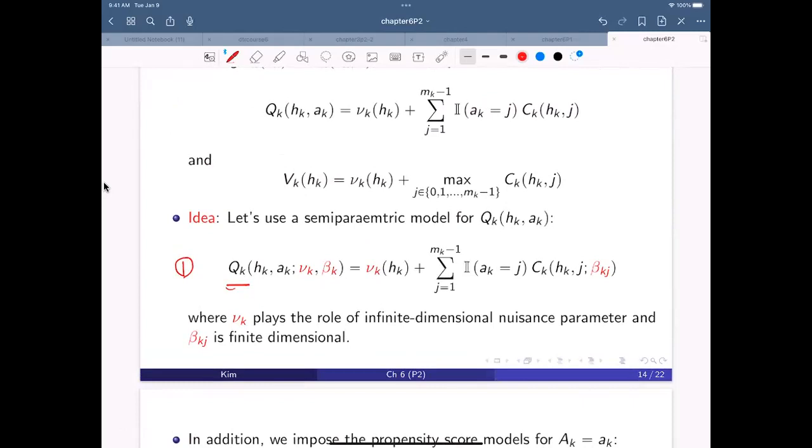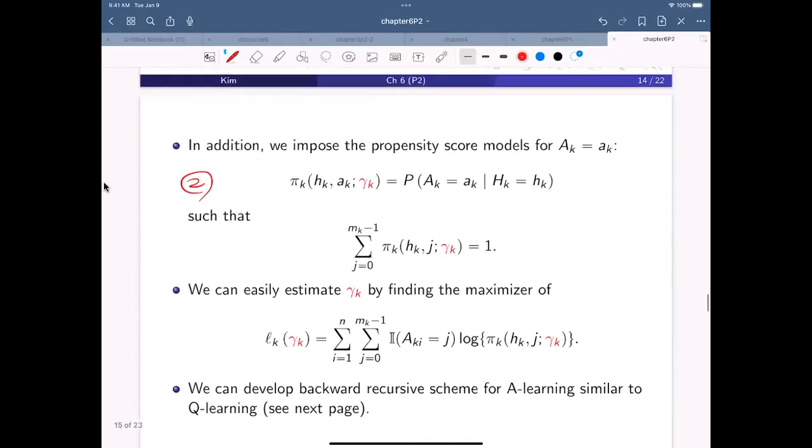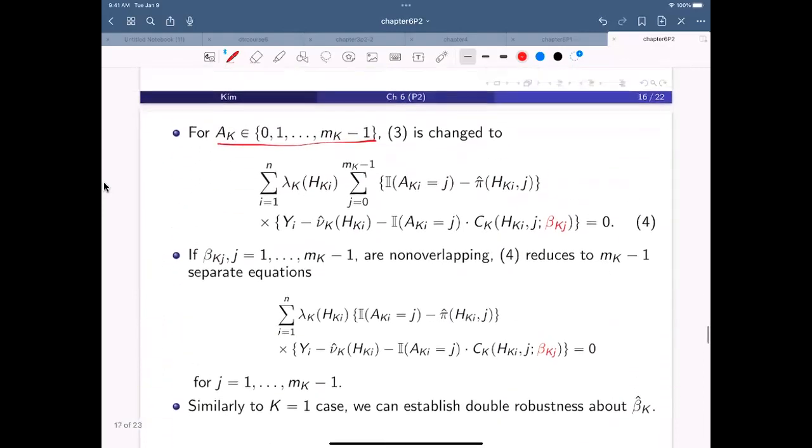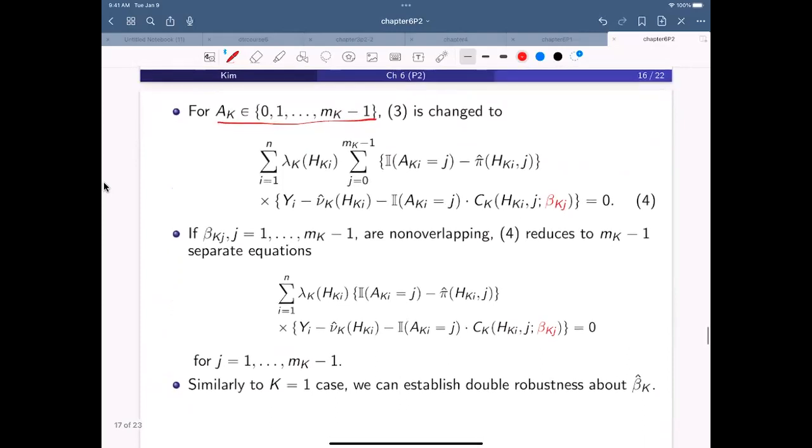So when the covariate is HK and J, A equals J. That means we have a separate parameterization for each J. So that means the equation can be just, you can remove this summation and make MK different equations. So that's this.